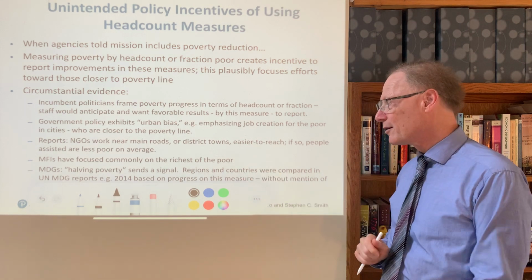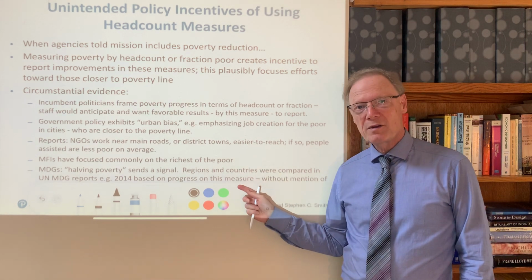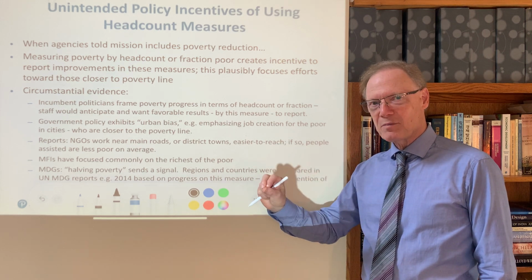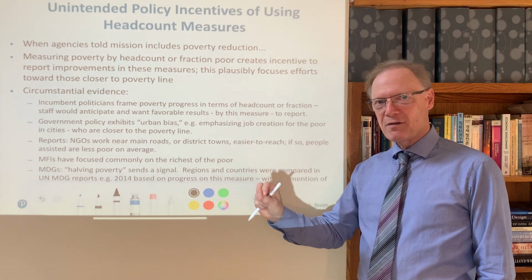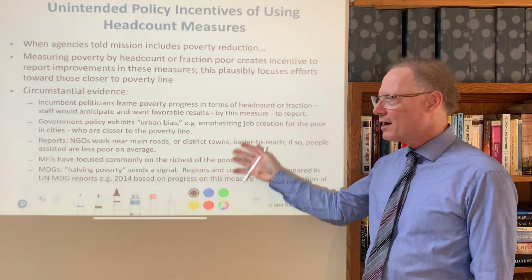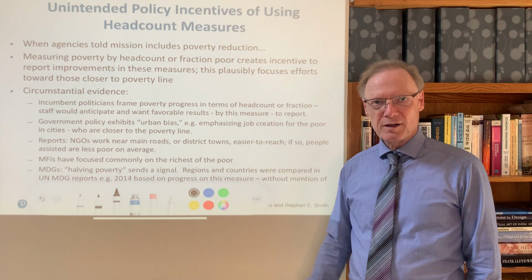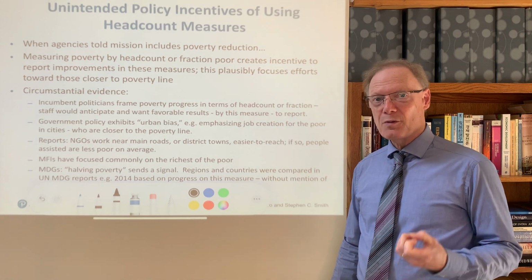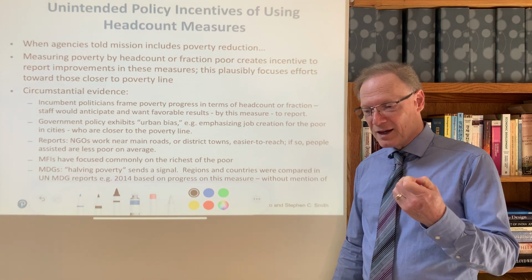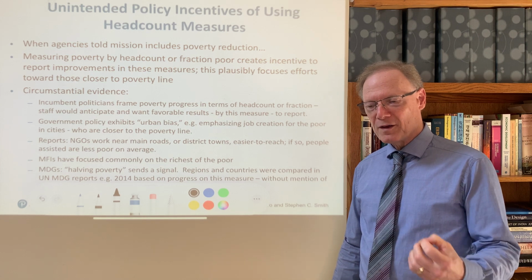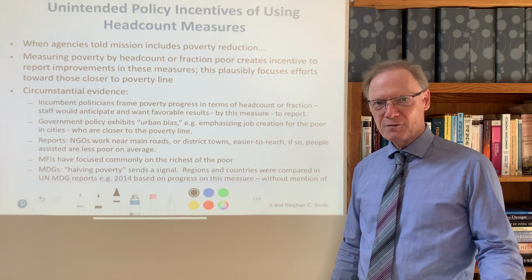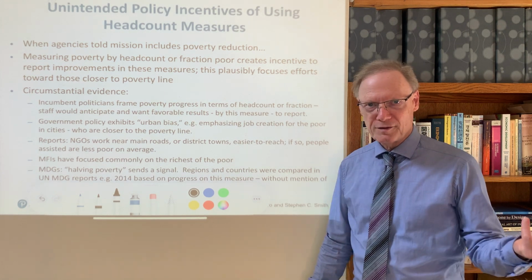We'll get to that later. And then again, the Millennium Development Goal, which said we were going to make progress by halving poverty. When they defined poverty as the fraction who are poor, any of these impacts might have been seen indirectly. So this matters not just for logical clarity in thinking about policies, it matters on the ground for the incentive that various people might have to carry out different kinds of programs and policies.